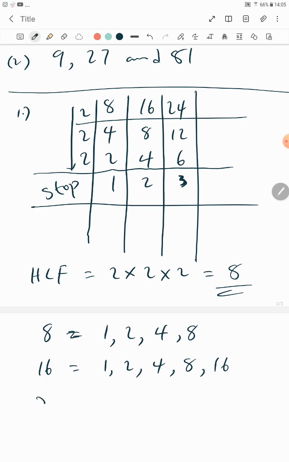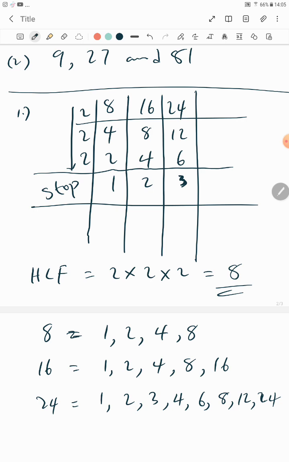List out the factors of 24. You will say 1, 2, 3, 4, 6, 8, 12, and 24.